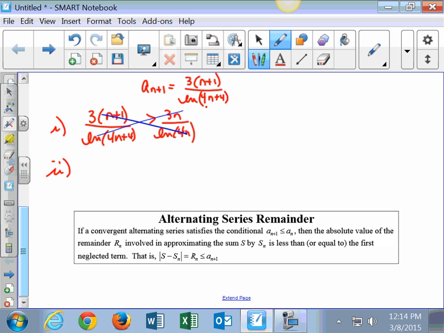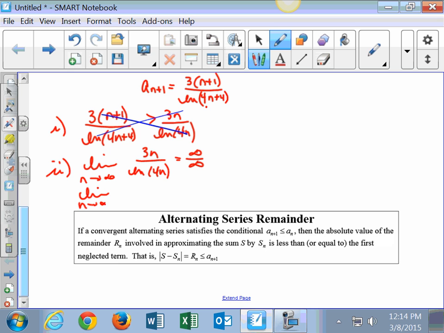And say maybe you want to look at the second part, where you would take the limit as n goes to infinity of 3n over natural log of 4n. And what we get is infinity over infinity. So we would have to do L'Hopital's rule.